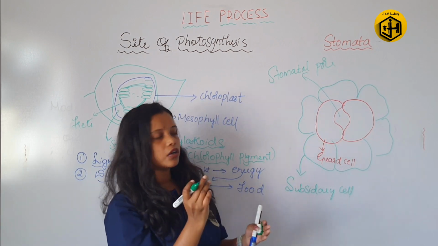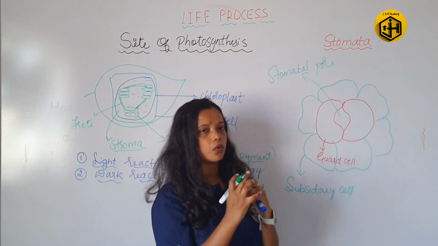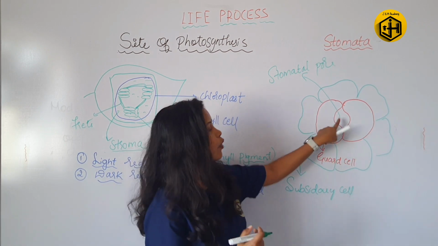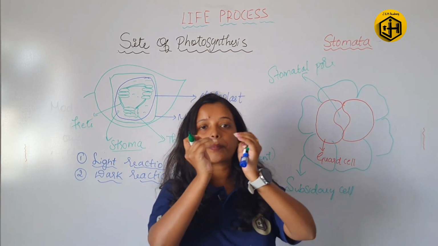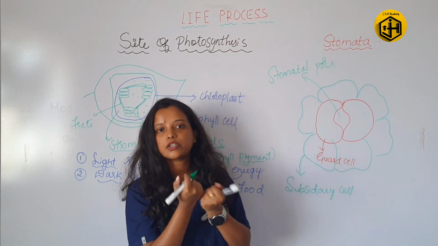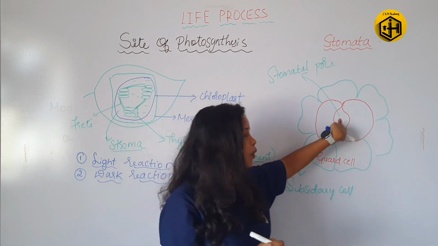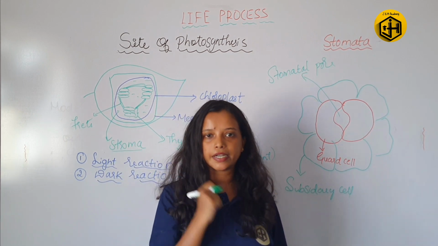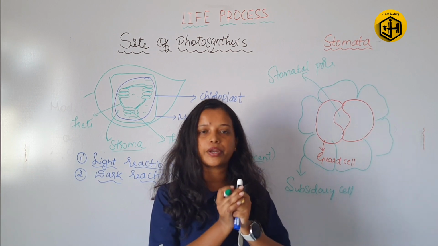See, it is not always that this pore is open and carbon dioxide gets in. This pore has the ability to open and close. But when does it open? This pore of the stomata only opens during daytime and it closes during night.